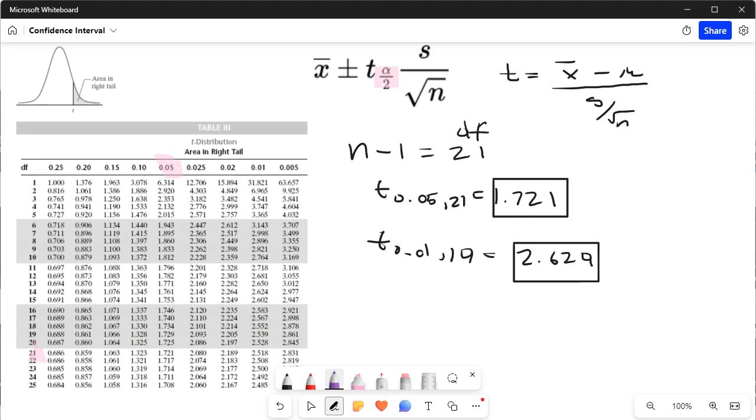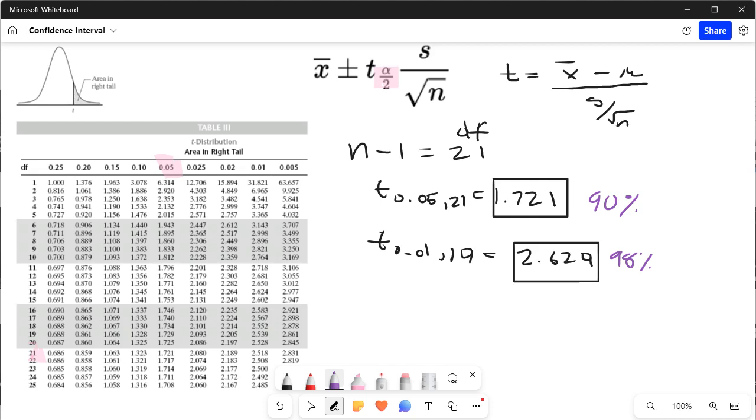So this would correspond to a 90% confidence with 21 degrees of freedom. And then this one over here, accounting for the same thing with alpha over 2, would be the 98% confidence level with 14 degrees of freedom.